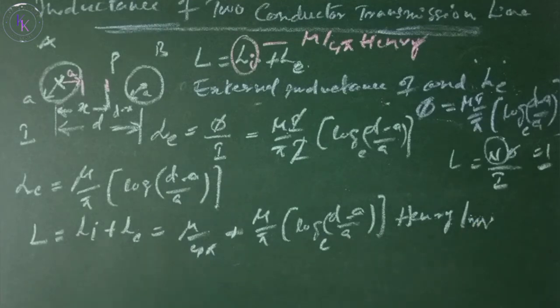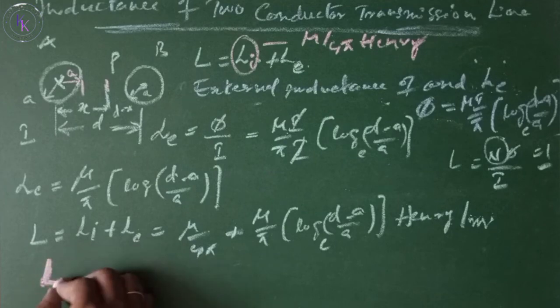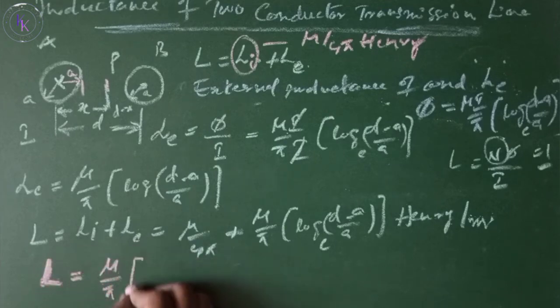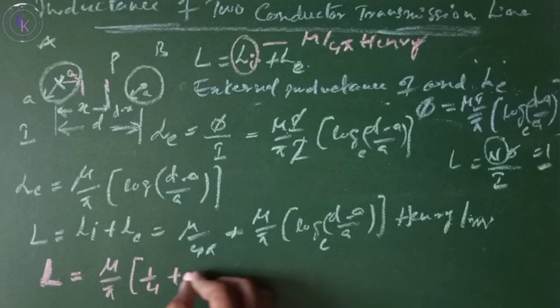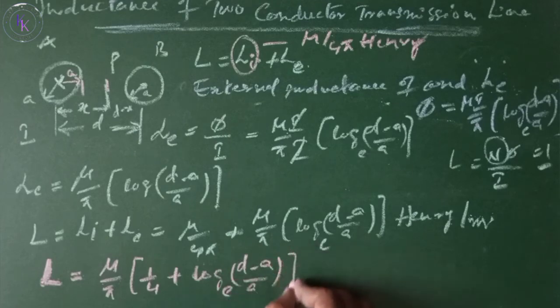Until now, we found Le and Li in per unit values. To simplify and write the inductance of a two-wire system, L equals mu by pi times 1 by 4 plus log d minus a by a to the base e henry per meter.